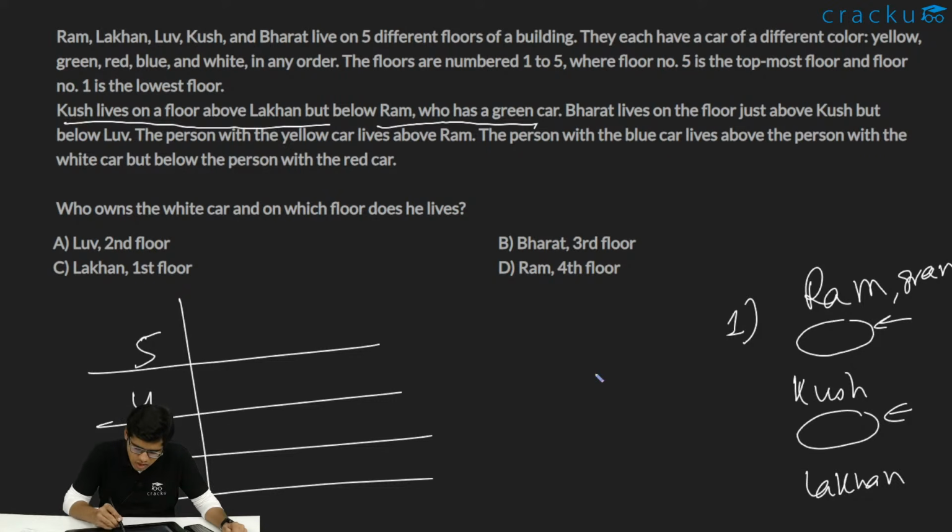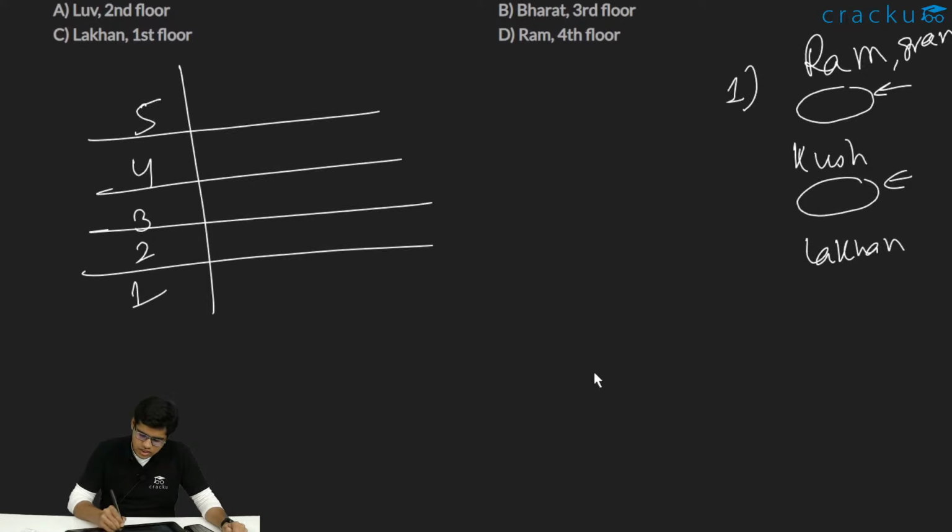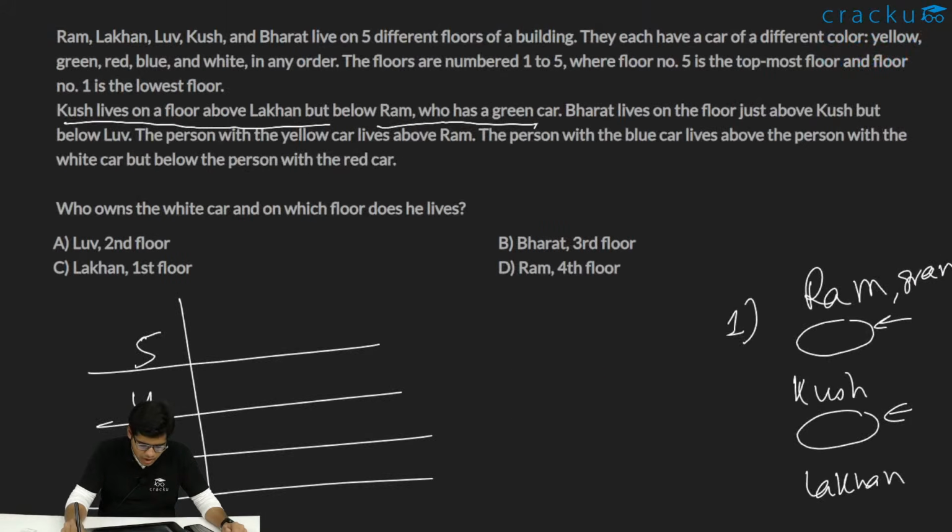Bharat lives on the floor just above Kush but below Love. So the second condition is telling that just above Kush, here it is Kush, here it is Bharat. Now we know above Kush Ram is there, and we know that above Bharat Love is there.